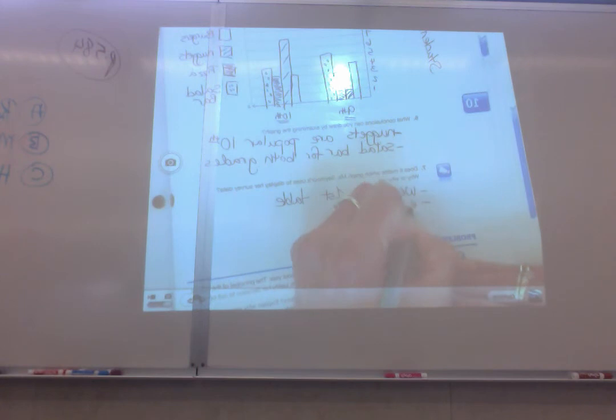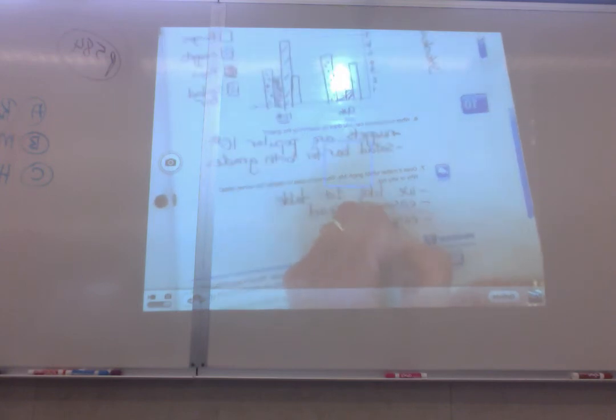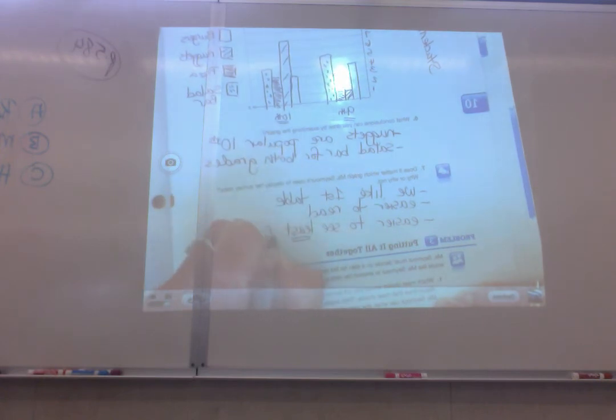It's easier to read. Easier to see least favorite food.